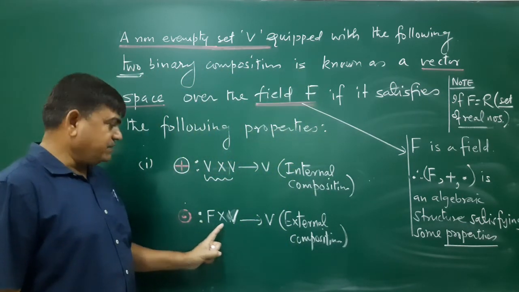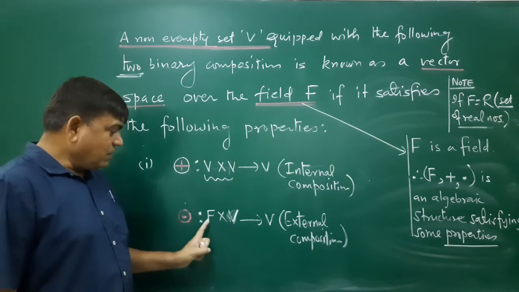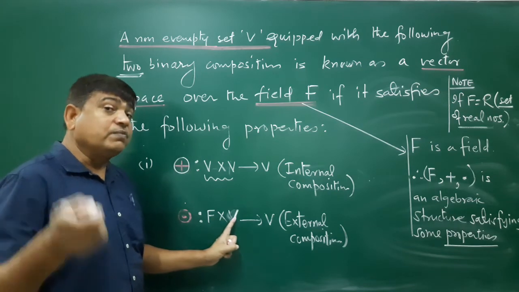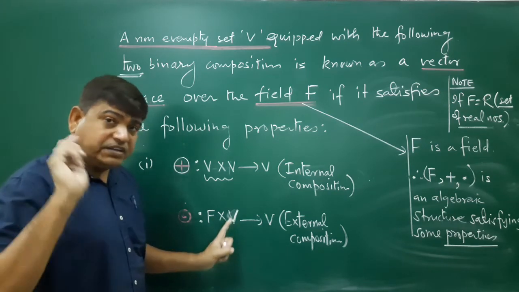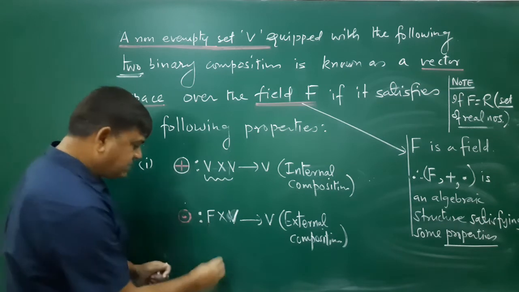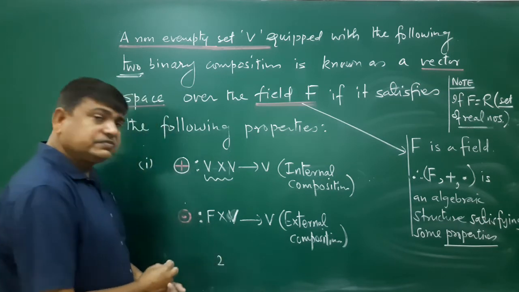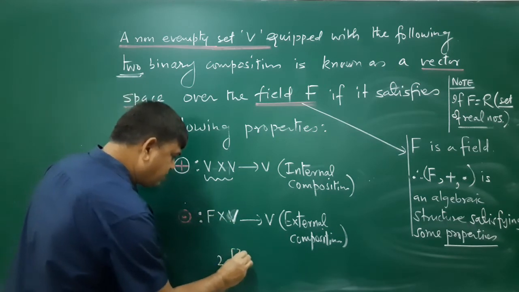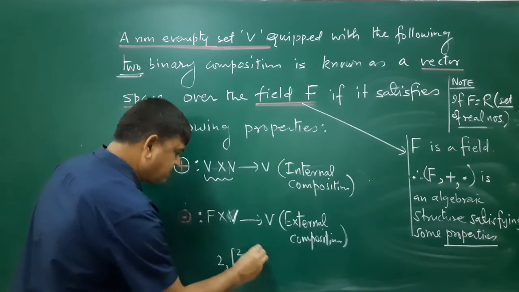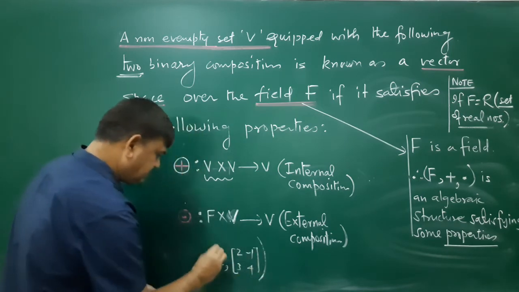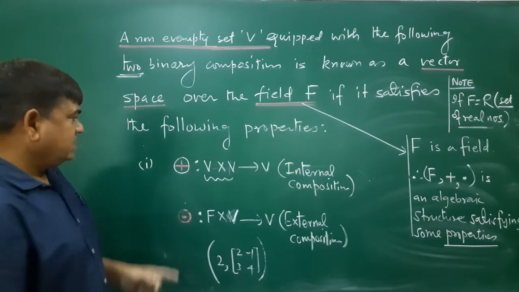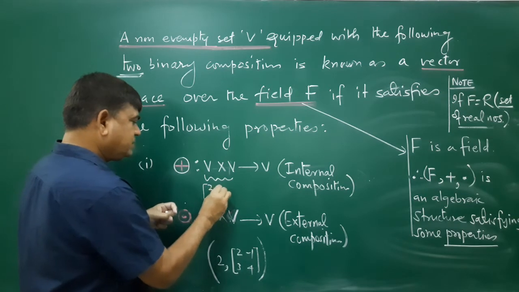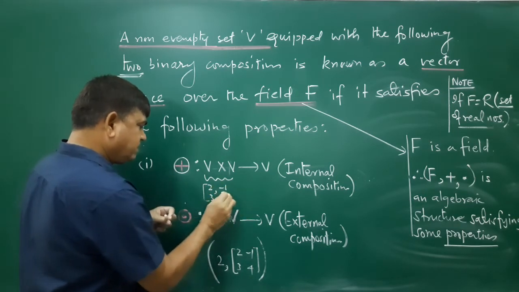Here it is different. Here one number is from F and the other is from V. I have already explained this. One is from F, suppose I say it is 2. The other is from V, suppose I say this is a matrix with rows 2, minus 1 and 3, 4, for example.